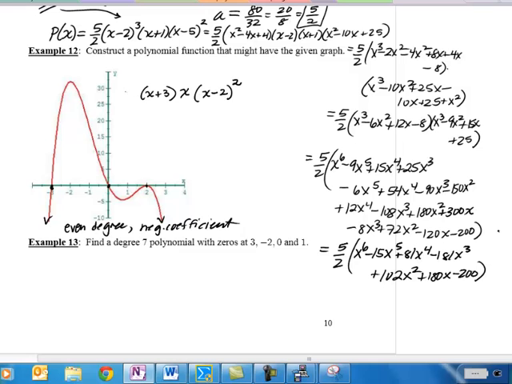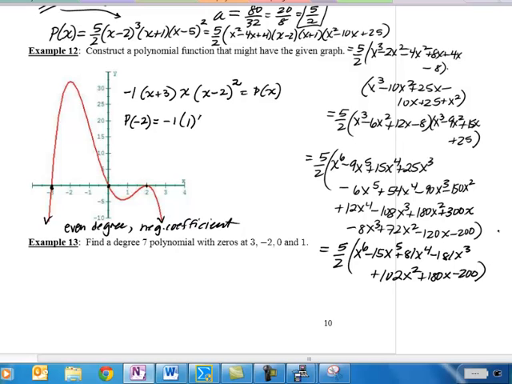We'd want to put maybe a -1. And then let's just see if we put in, say, -2, if we're in the right ballpark for the y values.